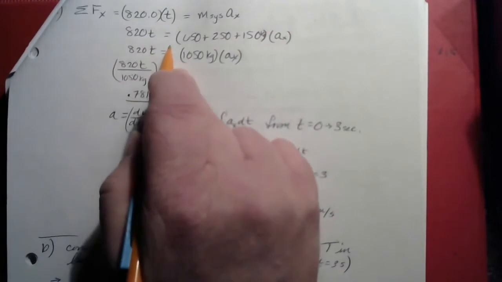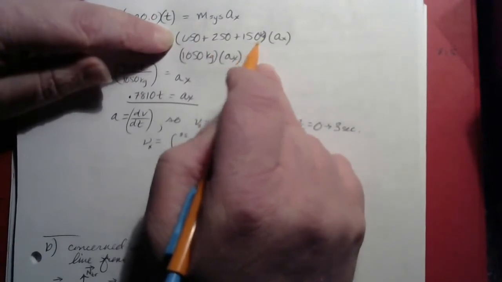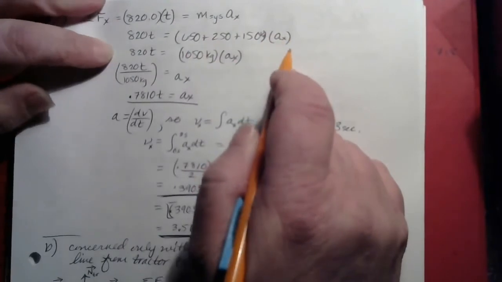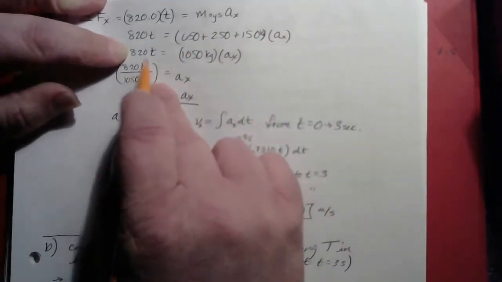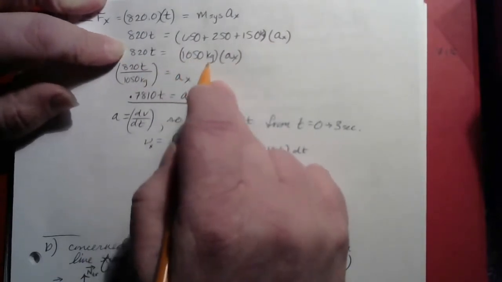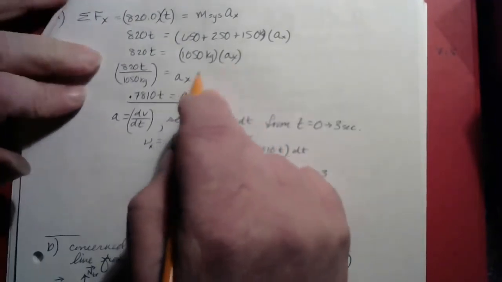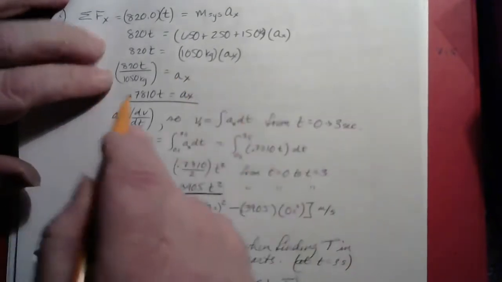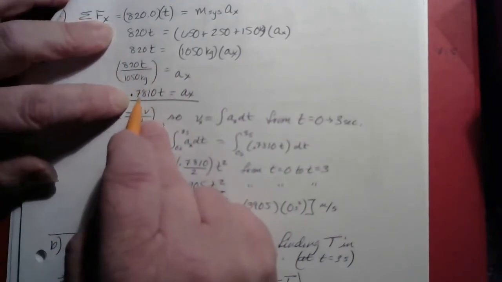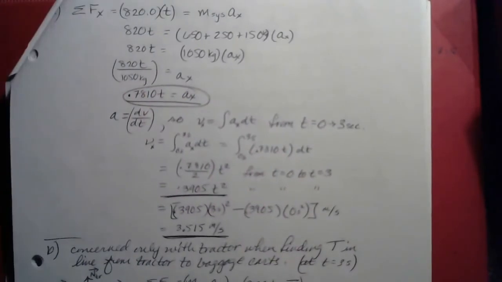So we have 820 t equals the mass of the system, which is 650 plus 250 plus 150 kilograms, times acceleration in the X direction. So that's 820 t is equal to a total of 1,050 kilograms times acceleration in the X direction. And so you can solve for a_x, and that ends up being 820 over 1050 t, which is 0.7810 t. That's the acceleration in terms of time.